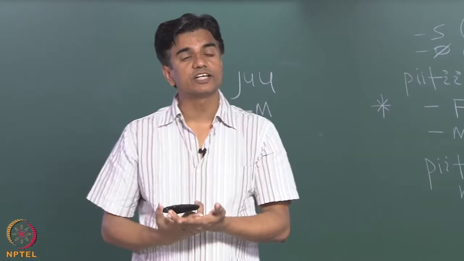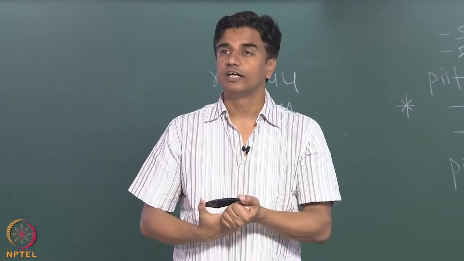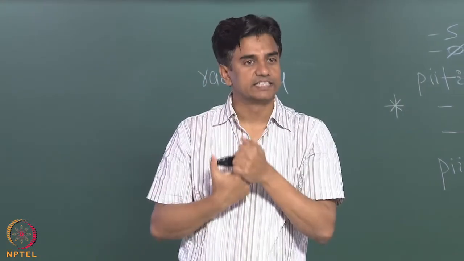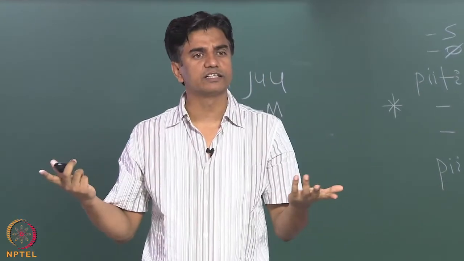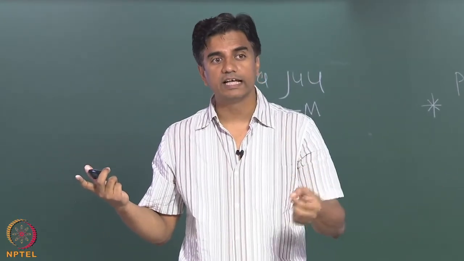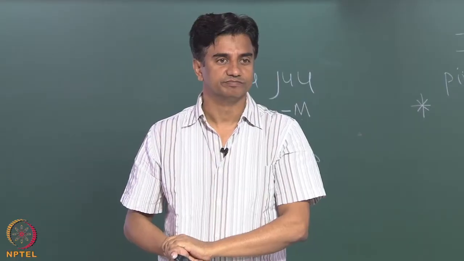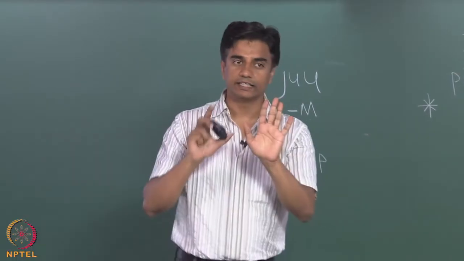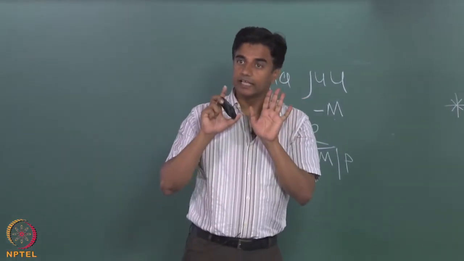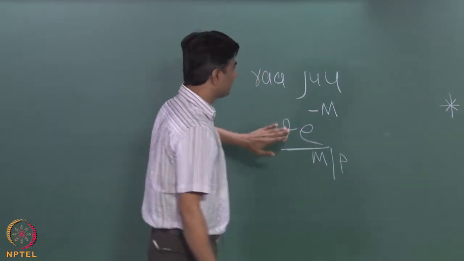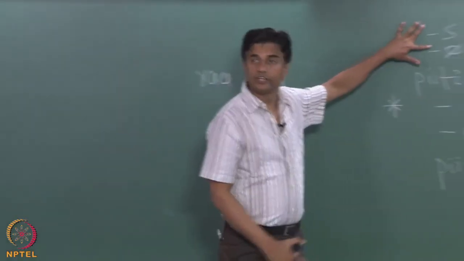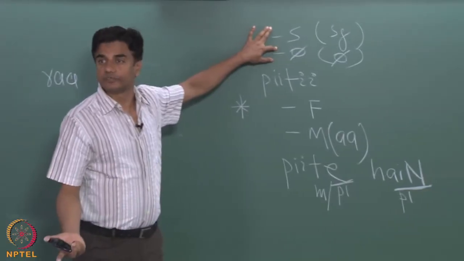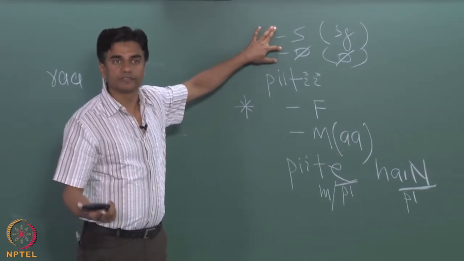If a language does not allow agreement in terms of, let us say, gender, then there is no role of gender in the grammar of that language. Remember this thing? In the grammar of that language. For example, in a language like English, we cannot say there is no role of gender. There is a role of gender, right?